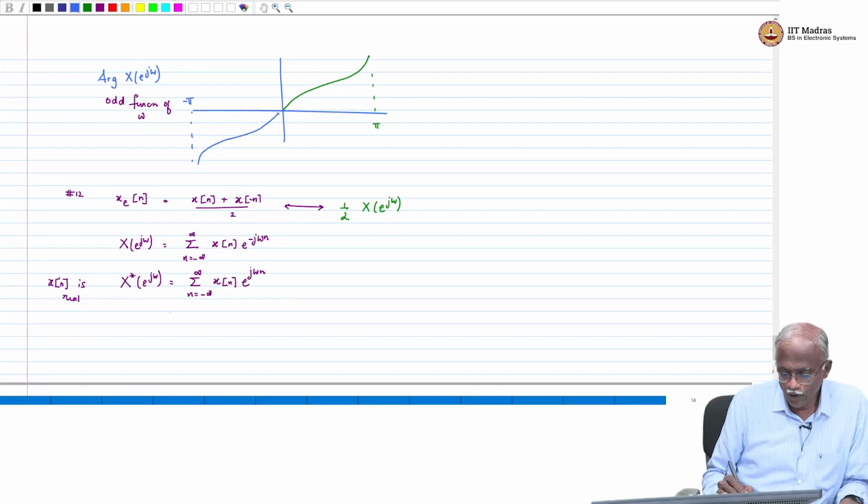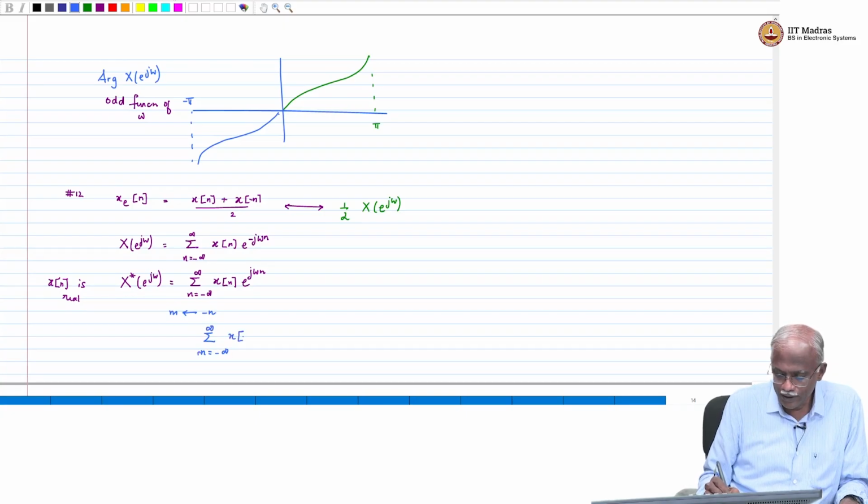Okay, now I want to substitute m with minus n. So this summation now becomes m equal to minus infinity to infinity, x of minus m e power minus jωm. Okay, what did we do here?